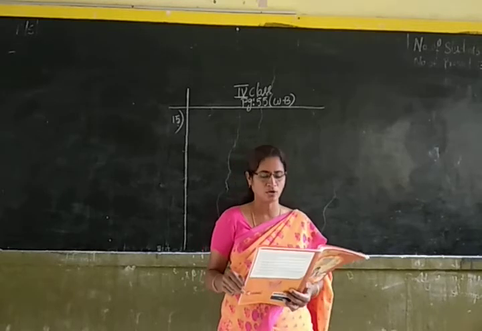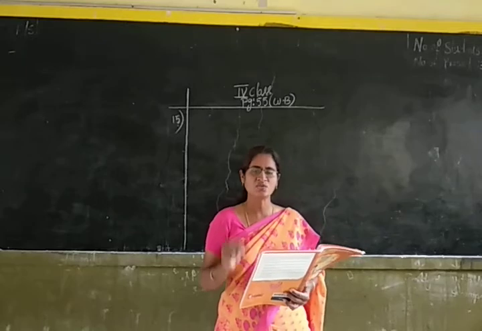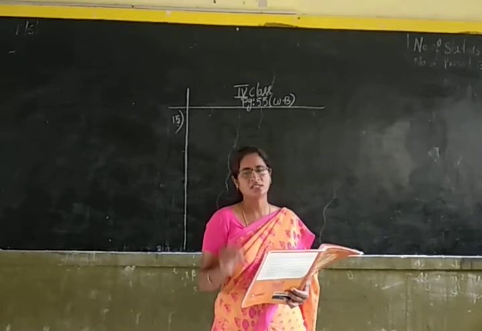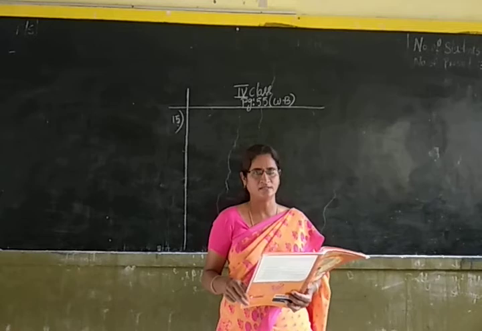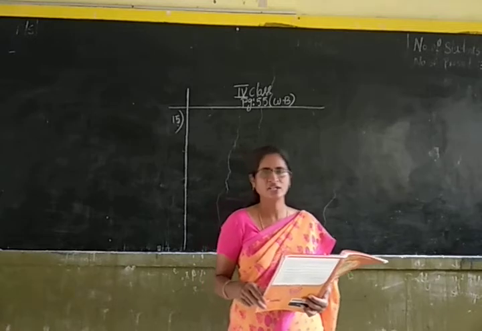Now we have to find out how many bananas will each monkey get and how many chilies will each parrot get. For that we have to use the operation division.